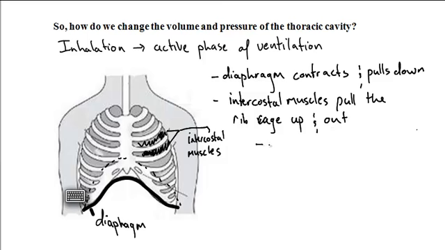You can feel yourself do that. Take a big inhalation. Feel your rib cage move up and out. The combined action of the diaphragm pulling down and the rib cage pulling up and out increases the volume of the thoracic cavity.